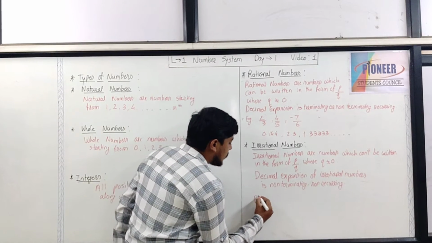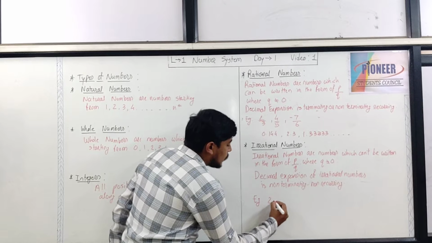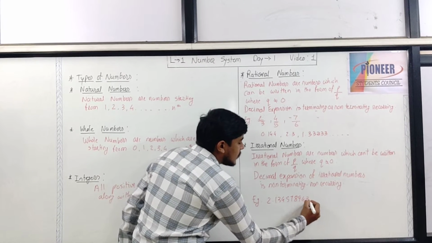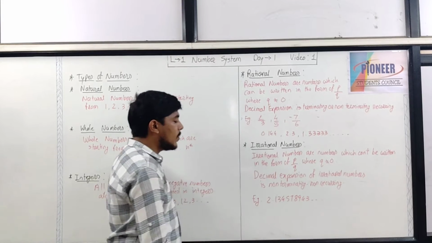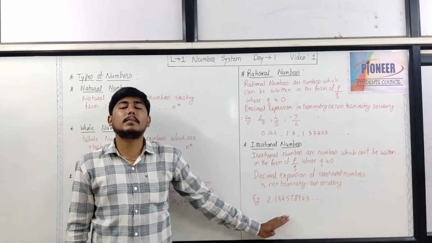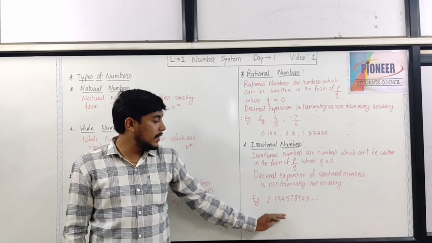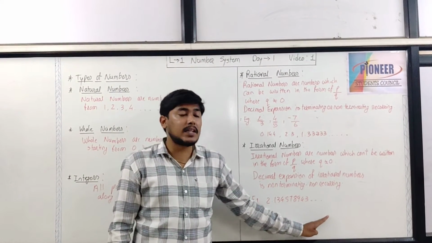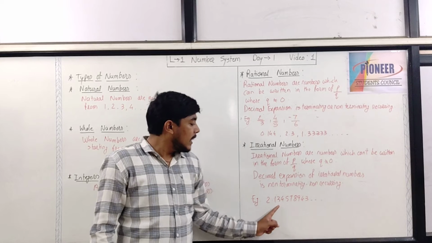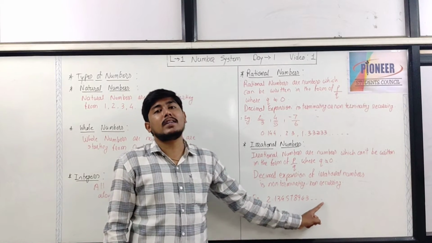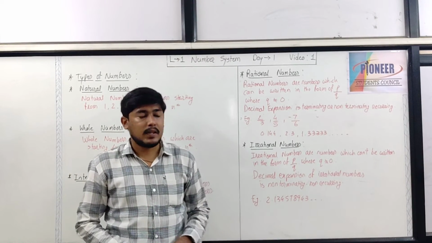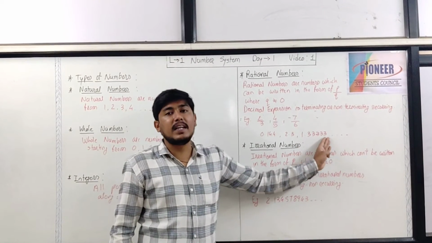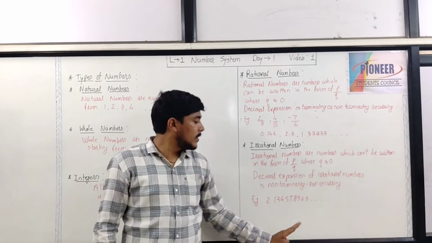I am giving you an example: 2.134578943, and this is going to continue. This number is known as an irrational number. Why? Because in the decimal expansion there is no particular pattern repeating, unlike the 3 repeating continuously earlier.